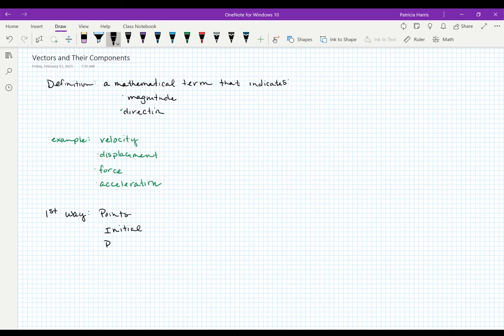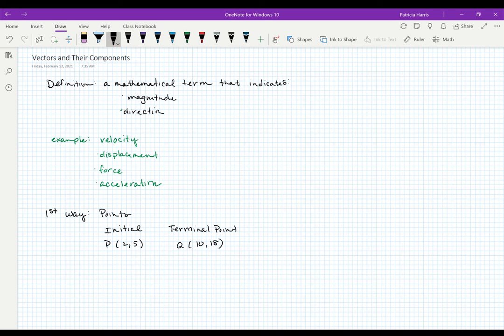So we'll call that P, and we'll just say that's 2, 5. Okay, and then your final point or your terminal point, which is where you end, is Q. We'll say that is, I don't know, 10, 18.